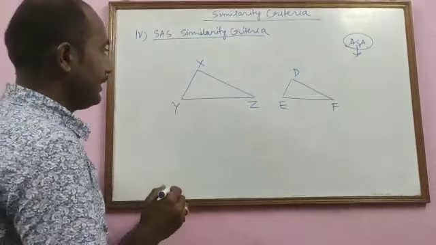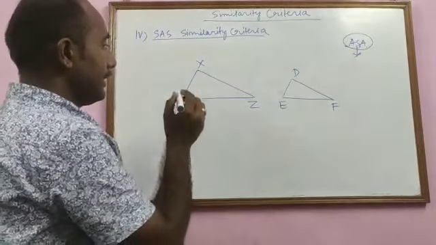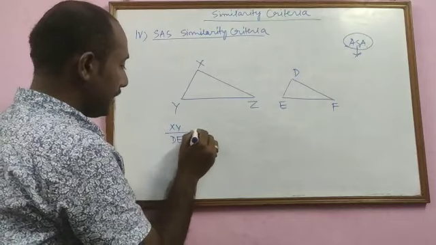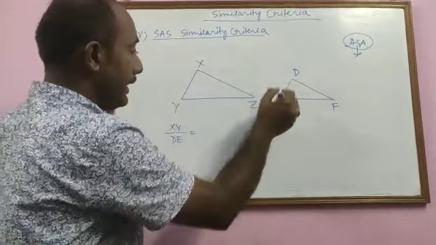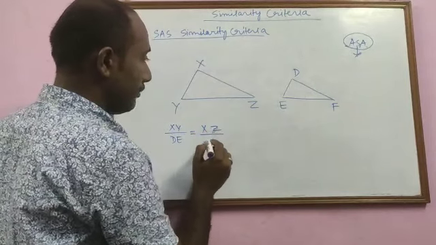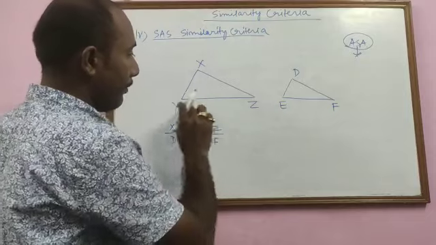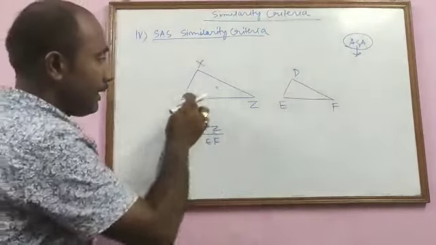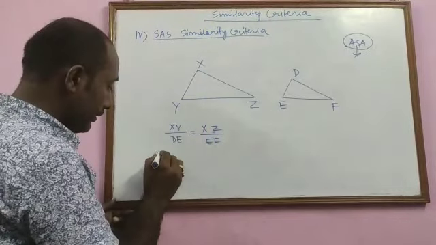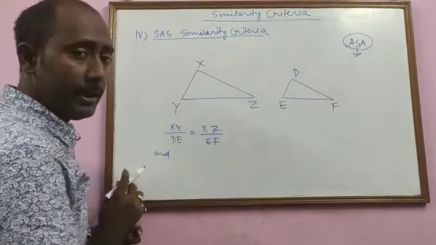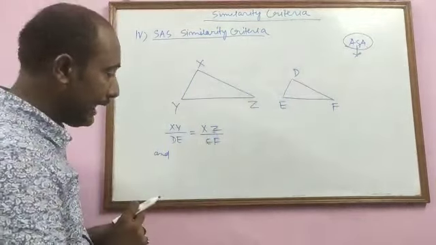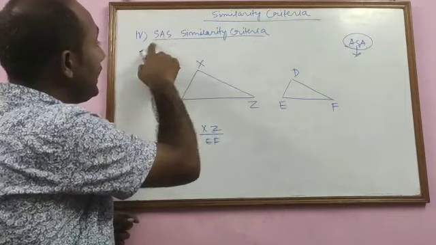Now if I say that XY by DE is equal to YZ by EF, then you have two sides proportional. What are the two sides? XY, YZ of this triangle and DE, EF of this triangle.